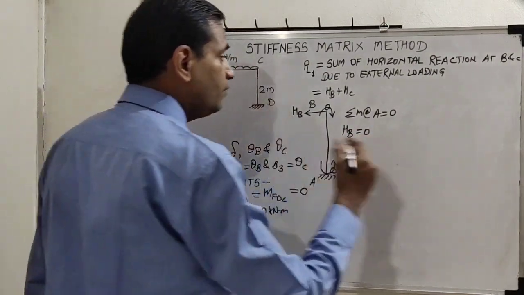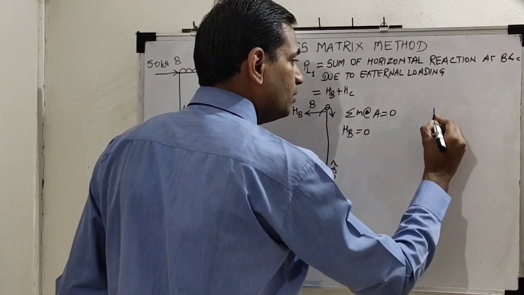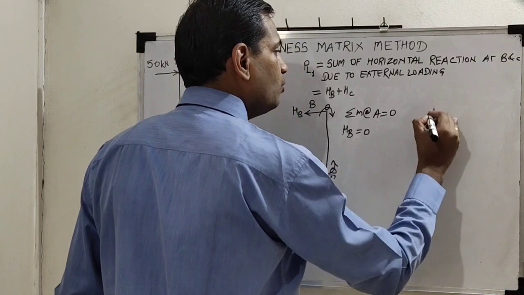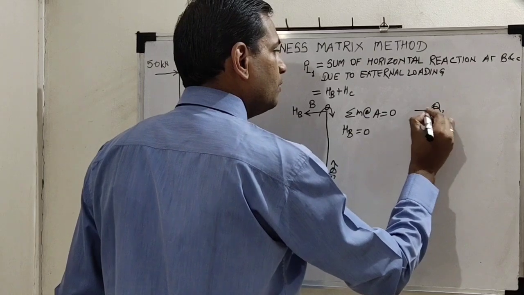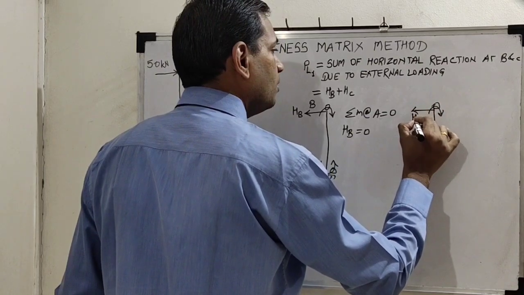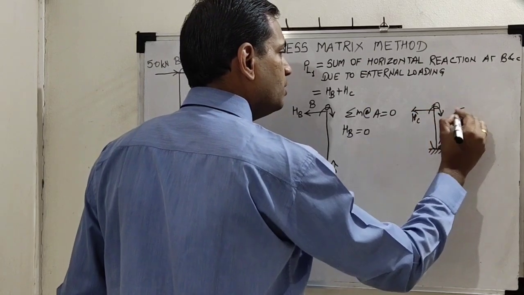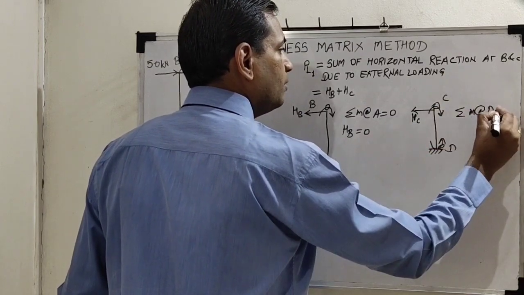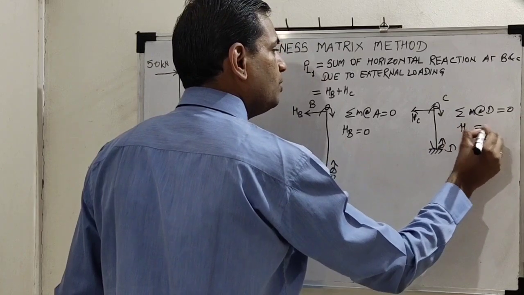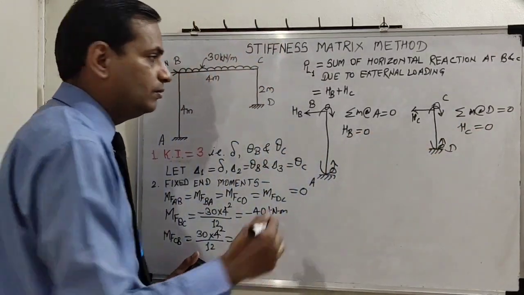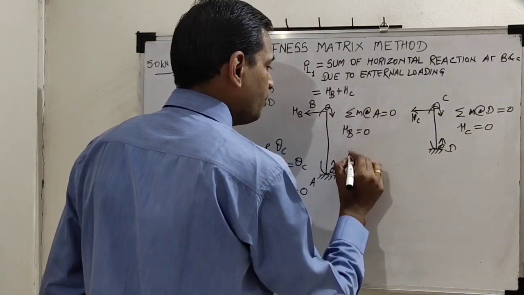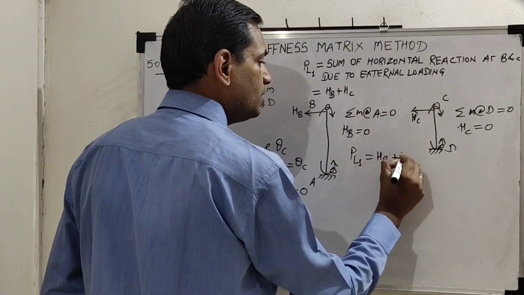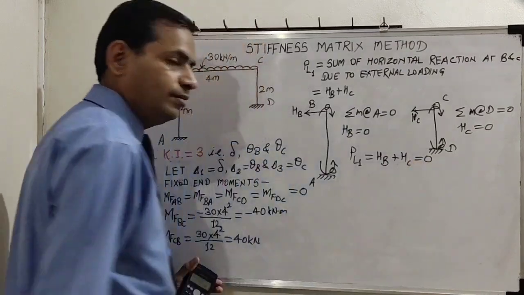Similarly, take the free body diagram for column CD. Show fixed end moments here, which are again 0. Take summation of moment about D. So HC will be 0. So HB plus HC is 0. So our PL1 is HB plus HC, which is 0.